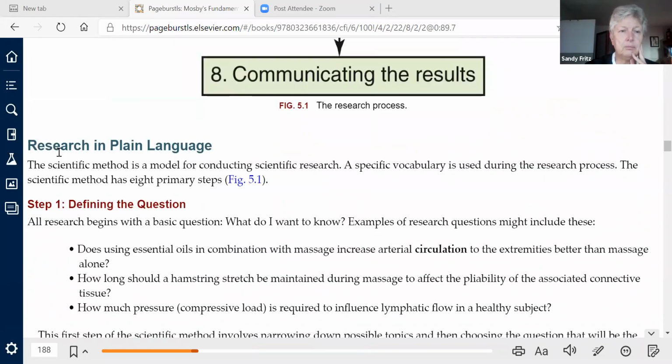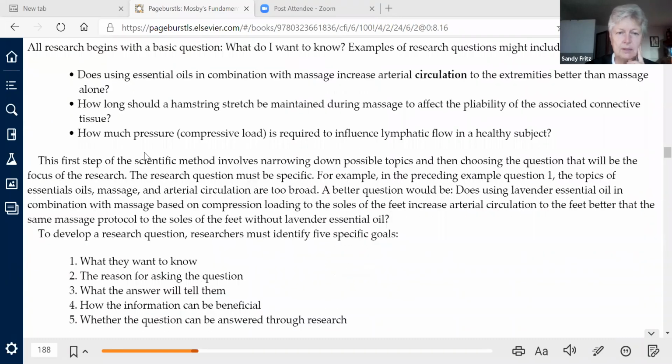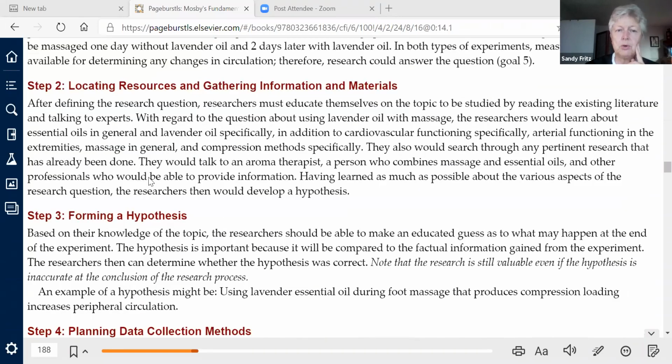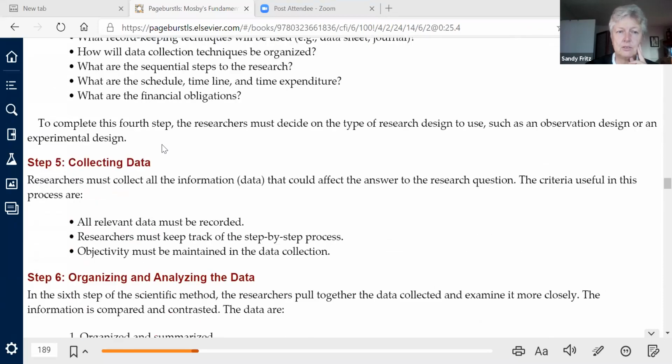So research in plain language, that's what this is about. That's taking you through that process that I just described.